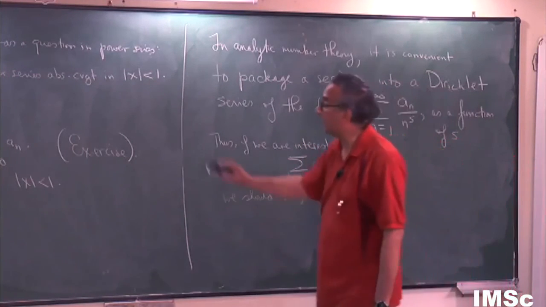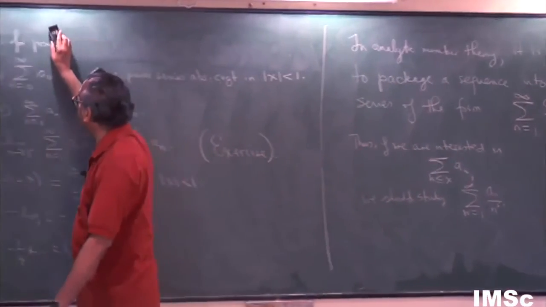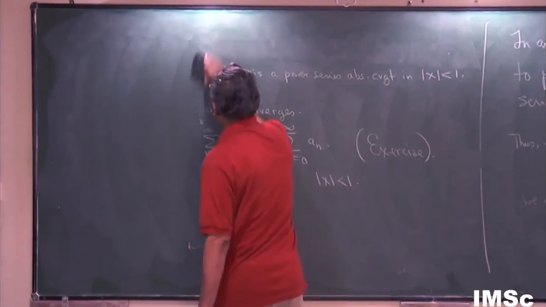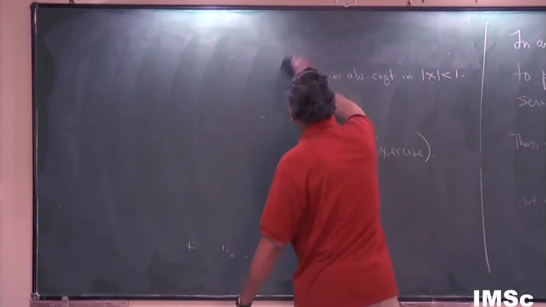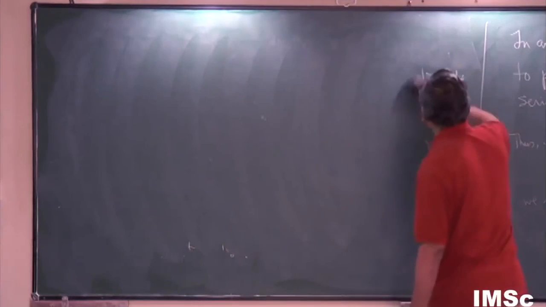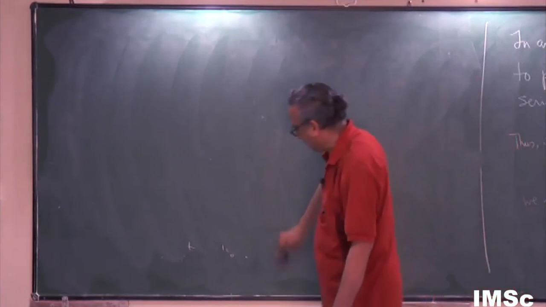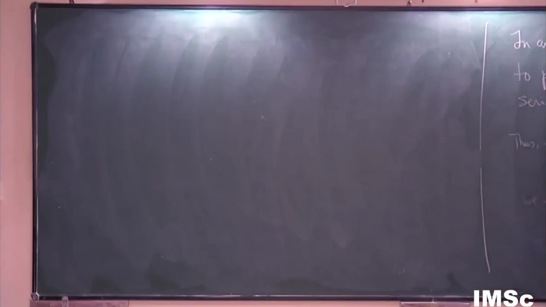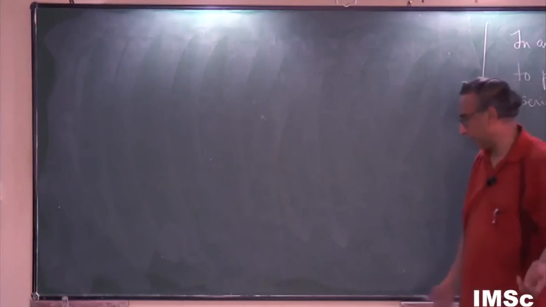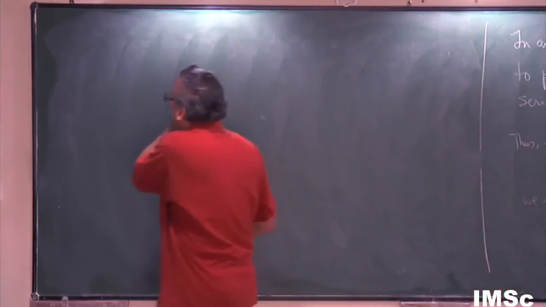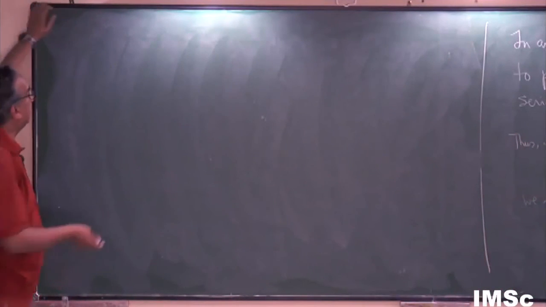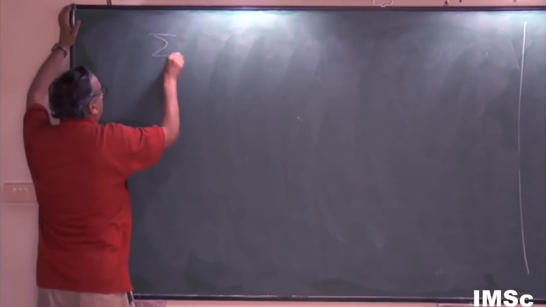So let me give you some examples. It was Riemann who first pointed out, perhaps, or maybe, I guess it goes back to Euler or somebody else, but that in order to study prime numbers, it is useful to study the Dirichlet series summation 1 over n to the s.